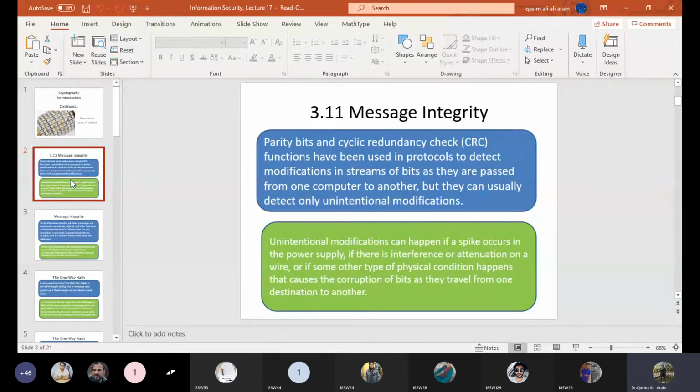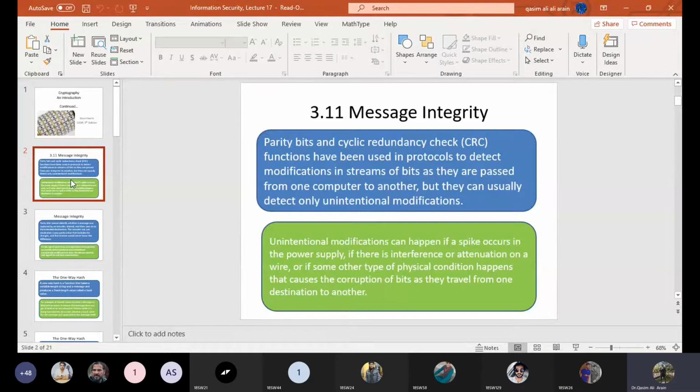Unintentional modification can happen if a spike occurs in the power supply, if there is interference or attenuation on a wire, or if some other type of physical condition happens that causes the corruption of bits as they travel from one destination to another.